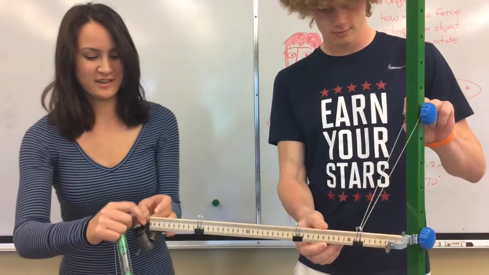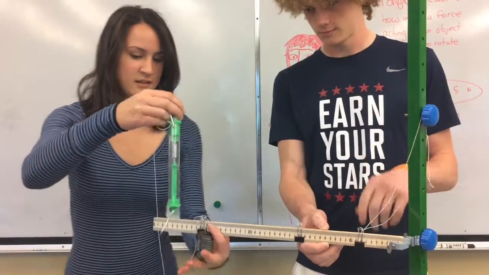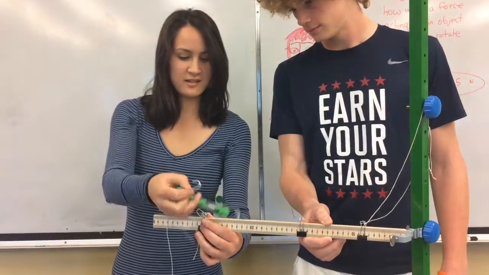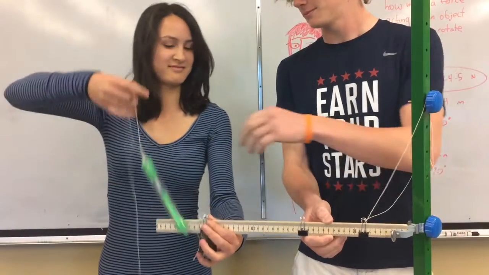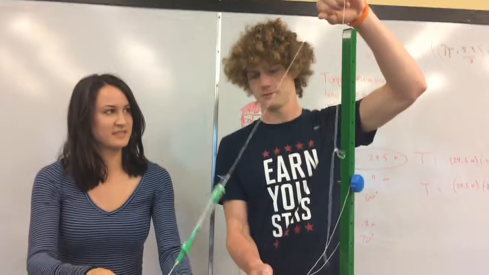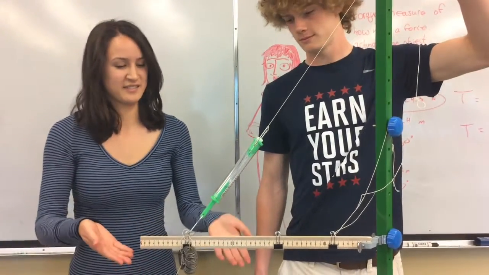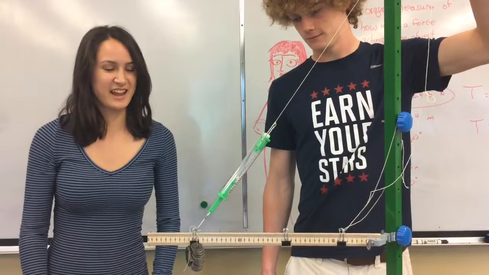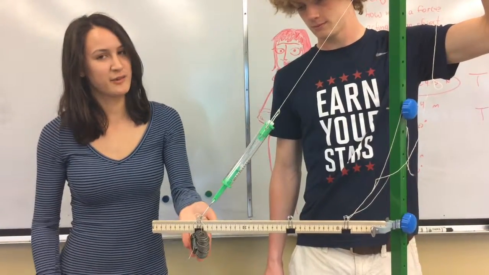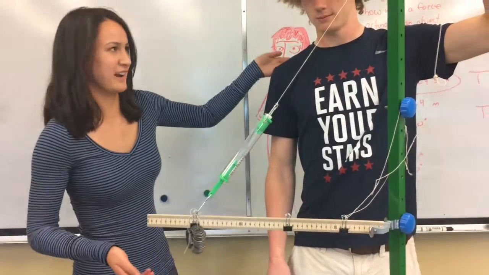So we hook our weight on here, and then we hook our spring thing. So now we have our string at a 60-degree angle, and we have 40 centimeters and 24.5 newtons, and we can plug that into the equation over there.